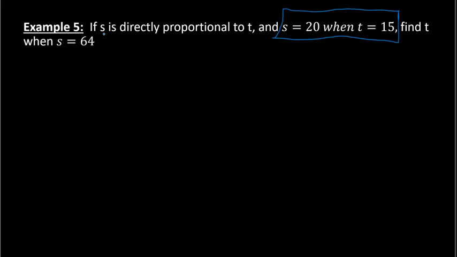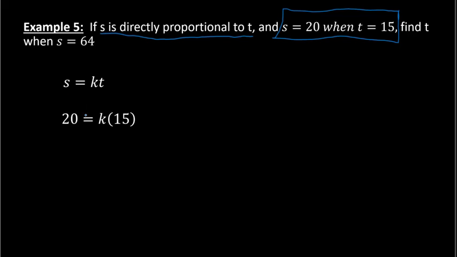So to begin this, I need to convert this statement into math notation. S is directly proportional to t. So that, written in math notation, would be S equals K times T. And what I do is I use scenario 1, so I use the 20 and 15, I plug it in for S and for T, and I can solve this for K. So S is 20 when T is 15.